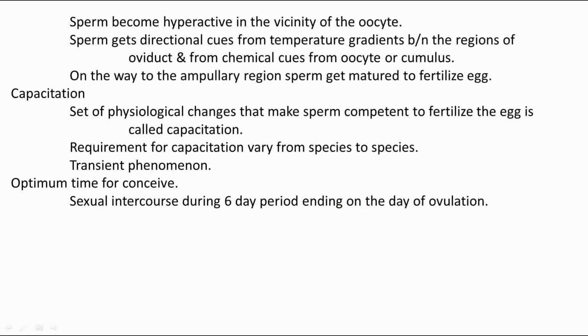Okay. So some more points I am going to explain to you. There are some other factors that determine the success of getting pregnant. What are those factors? This is the vagina, and the sperms released into the vagina as a result of ejaculation need to overcome so many hurdles to reach the oviduct.